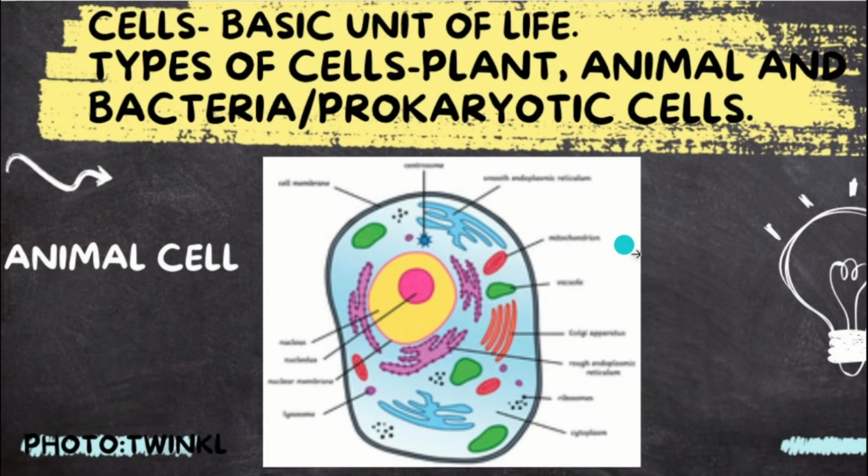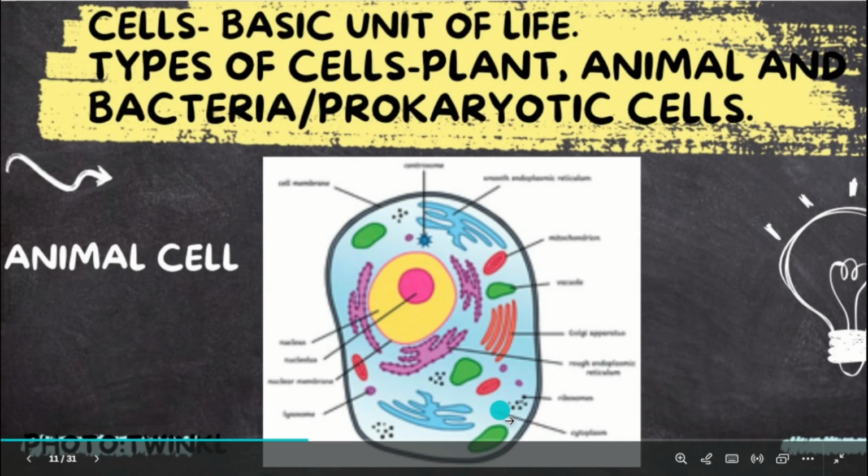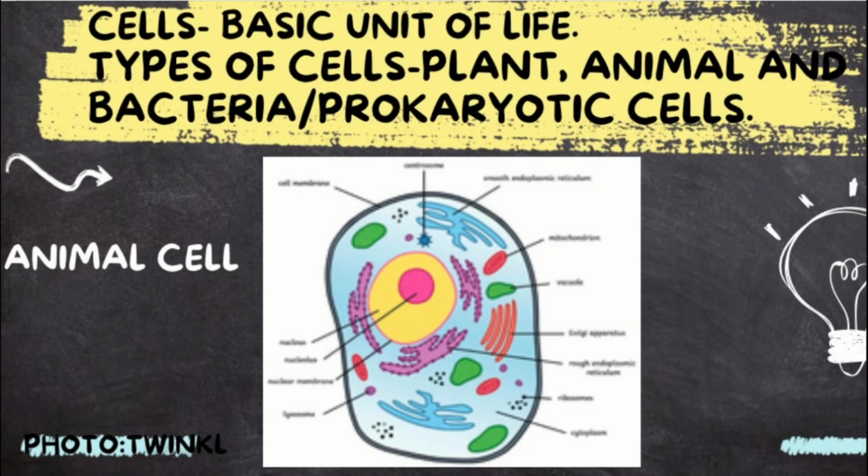The mitochondria is the powerhouse; respiration takes place within it. The Golgi apparatus slash Golgi body is the packaging center of the cell. Ribosomes produce proteins. Cytoplasm is a gel-like substance that holds these organelles. The rough endoplasmic reticulum produces protein and all that good stuff, right?